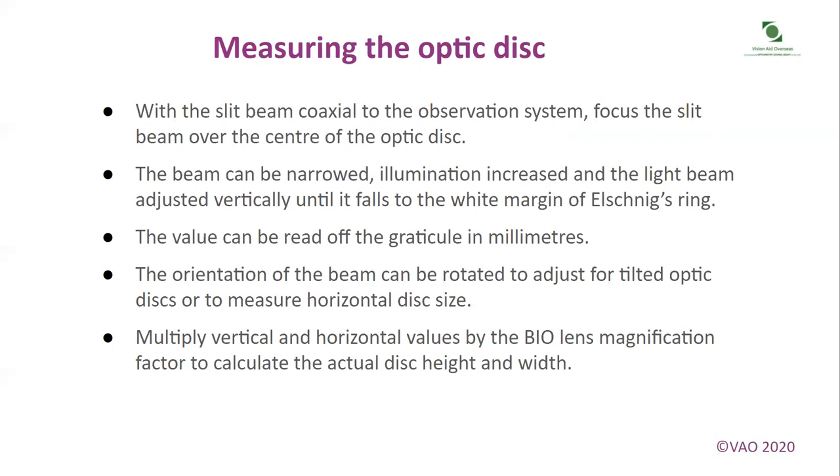The orientation of the beam can be rotated to adjust for tilted optic discs or to measure horizontal disc size. Multiply vertical and horizontal values by the BIO lens magnification factor to calculate the actual disc height and width.